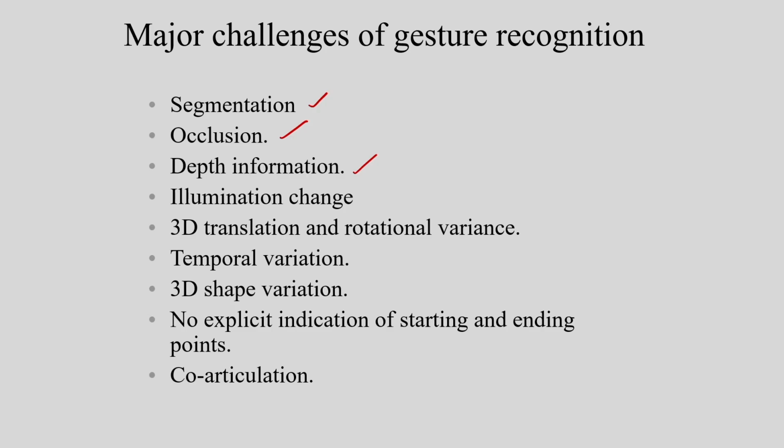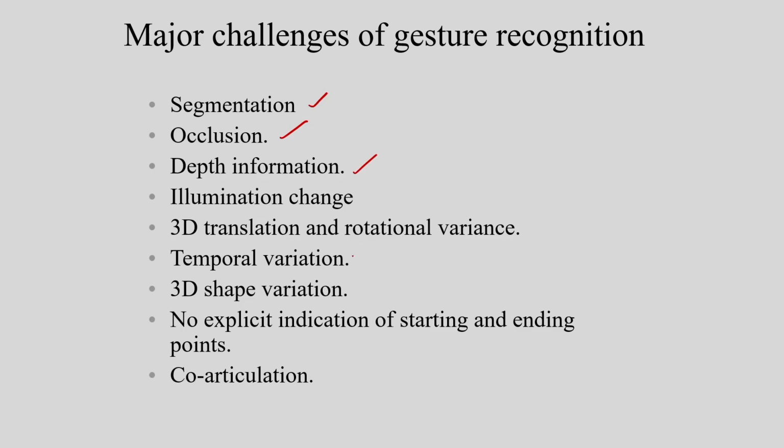And also we have to consider the 3D translation and the rotational variance. So we have to extract the features which should be invariant to translation and rotation. That means we have to extract the hand features which are invariant to affine transformation, that is translation, rotation and scaling.